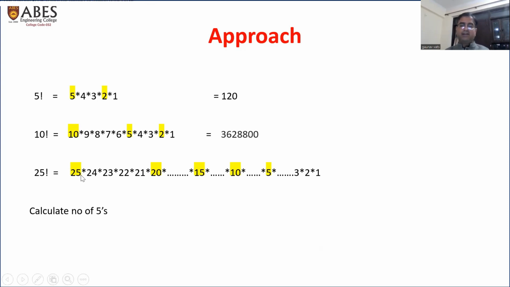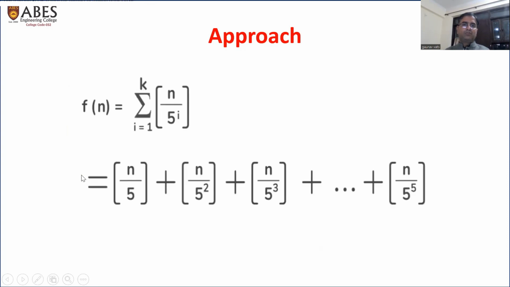Okay, keep this in mind. From this approach, we can say that if we want to calculate the number of fives in a given number, we will have to apply this formula. That means n divided by 5, plus n divided by 5 squared, and so on. Just like if the value of n is 125, then it will be 125 divided by 5 plus 125 divided by 25 and so on.